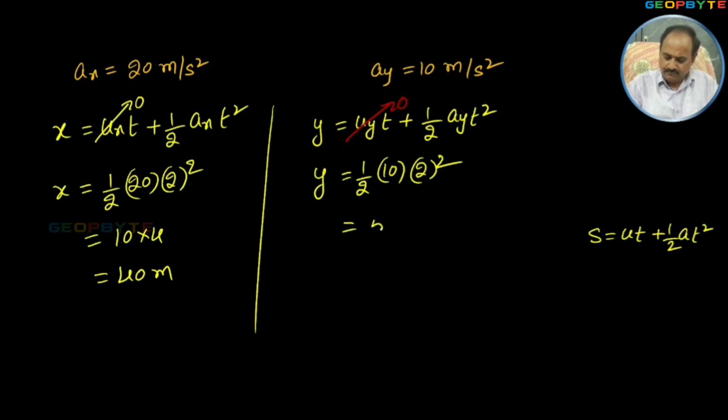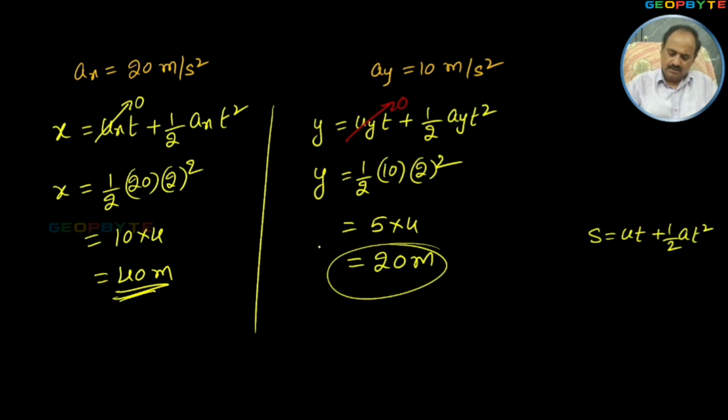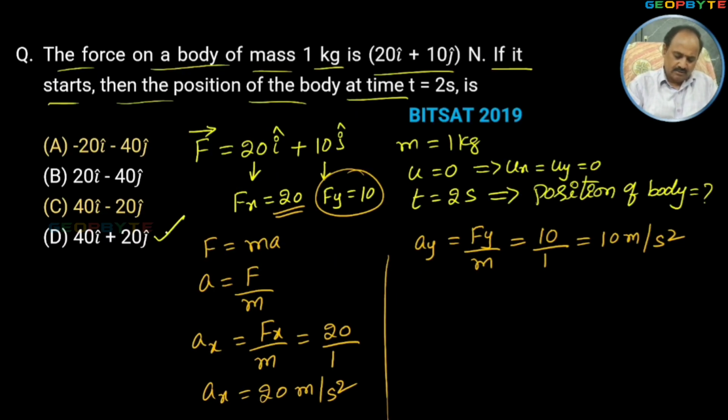Here it is 5 into 4 equal to 20 meters. So horizontal displacement is 40 meters, vertical displacement 20 meters. 40 and 20. Look at the options. 40 and 20. Option D is absolutely correct. Are you following clearly? Yes.